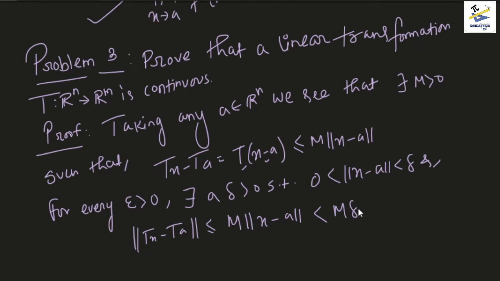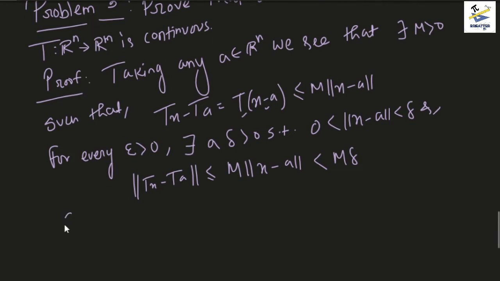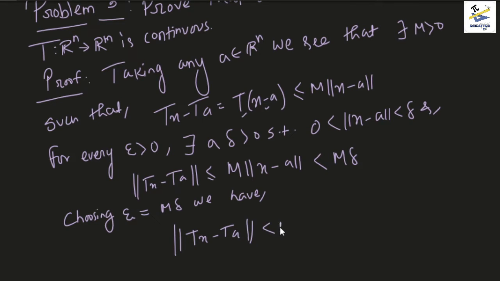So choosing delta, what we can do here is choose epsilon equal to M delta, and we have the norm of T(x) minus T(a) less than epsilon for all 0 less than the norm of x minus a less than delta.